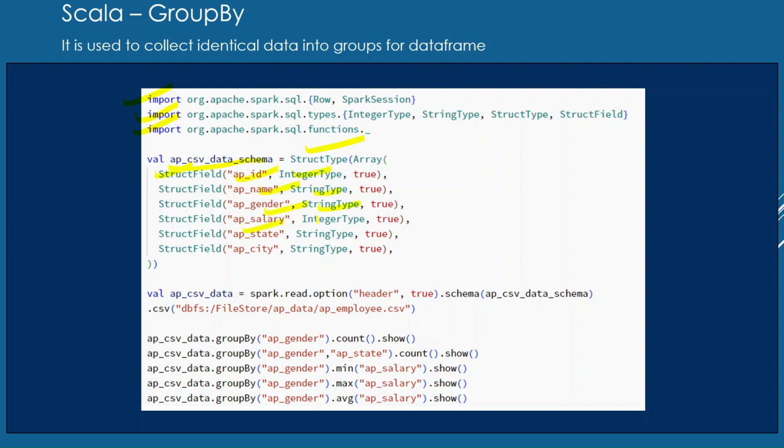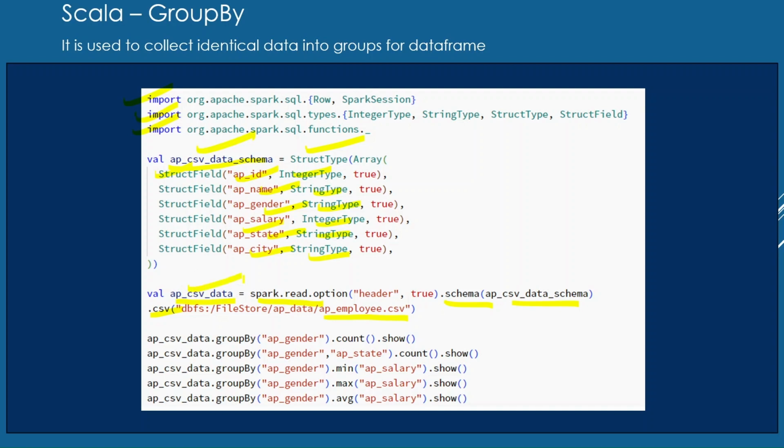With the help of a struct field, I am defining the column names and their data types. I am creating this data frame by reading this CSV file with the help of the spark.read.csv function with the custom schema which we have created here.